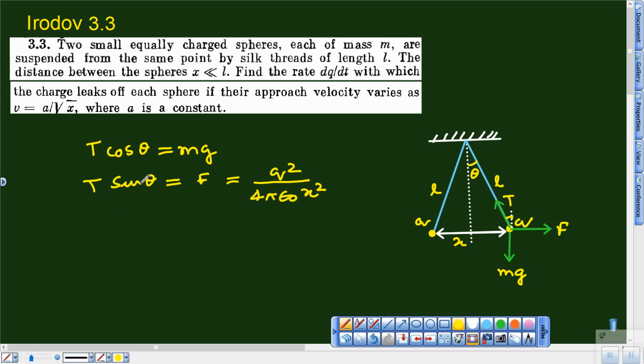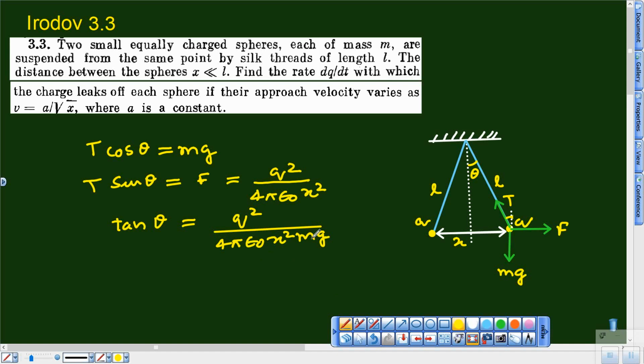Now if I take the ratio, second equation upon the first equation, I get tan theta is equal to Q square upon 4 pi epsilon naught x square mg.